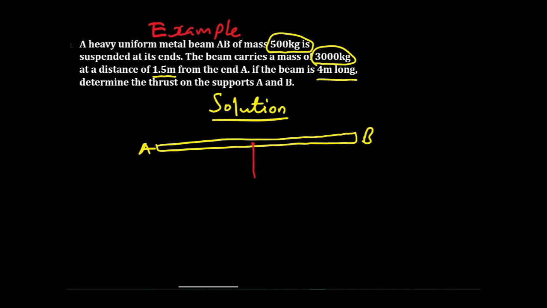So here is where the mass of the beam is located, which is 500 kg. And it is suspended at its ends. So the beam is suspended here and here. So we assume this point A has a thrust X and the point B has a thrust Y.